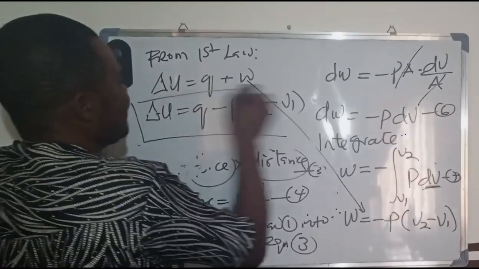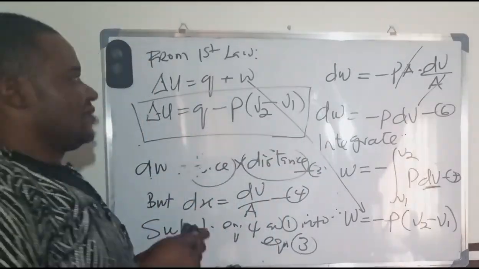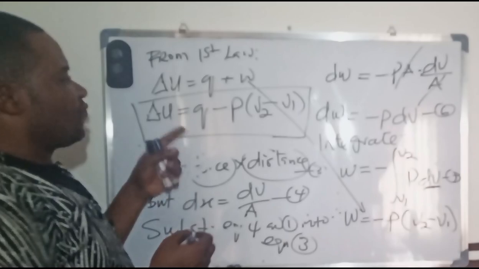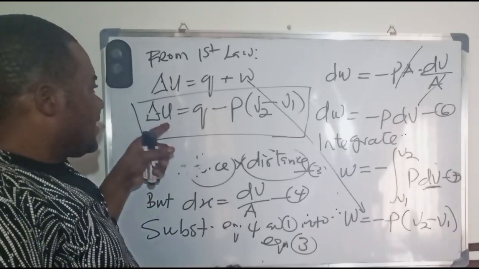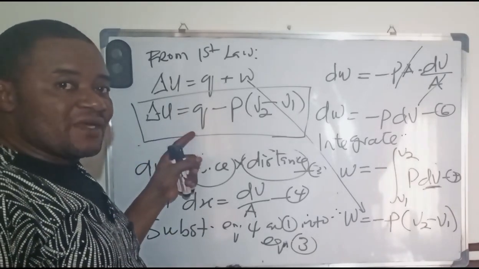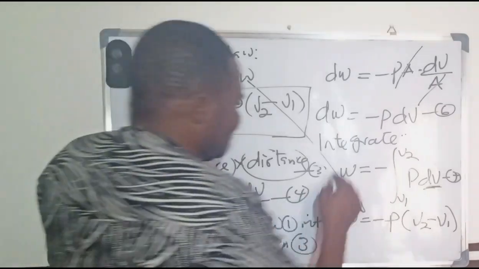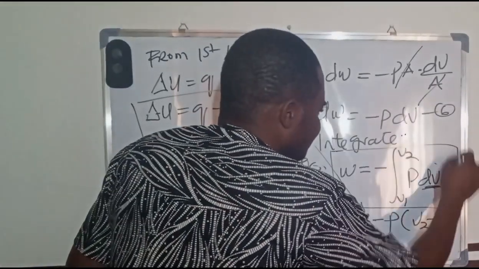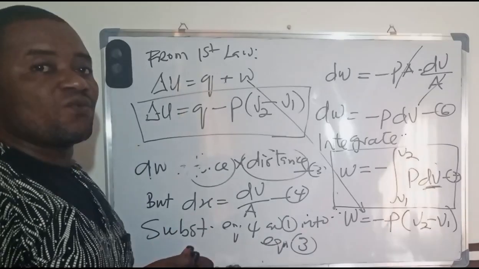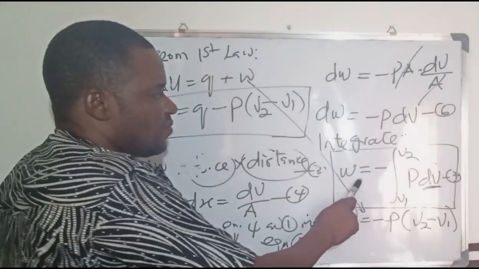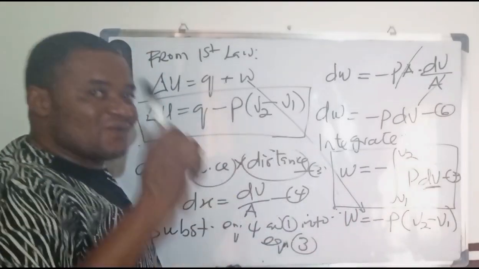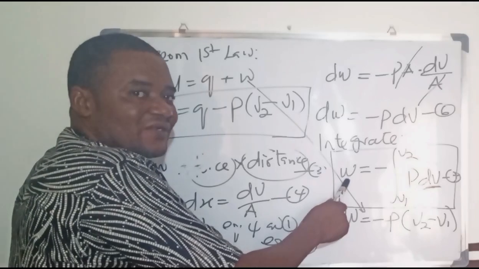This is the definition of work done in the thermodynamic equation. So thermodynamic work is defined by equation 7.